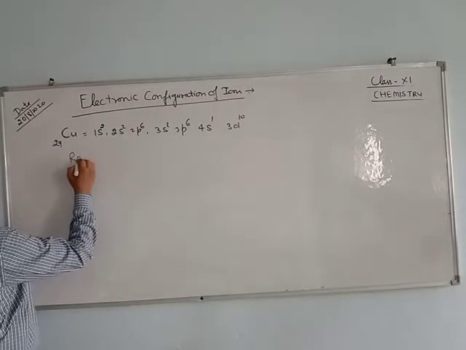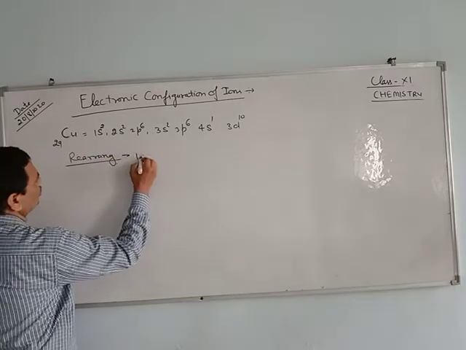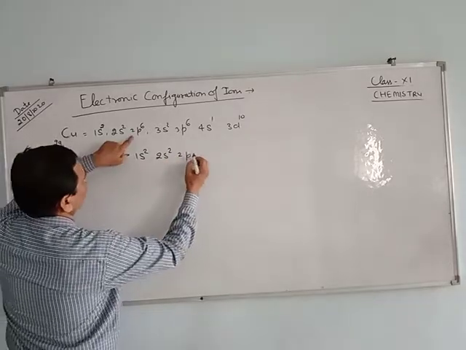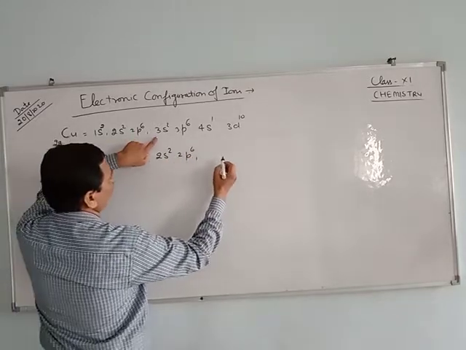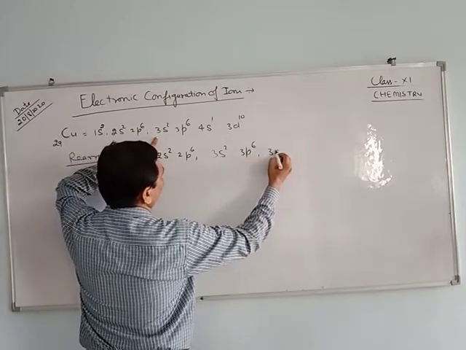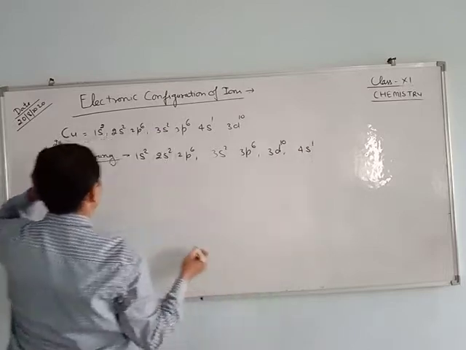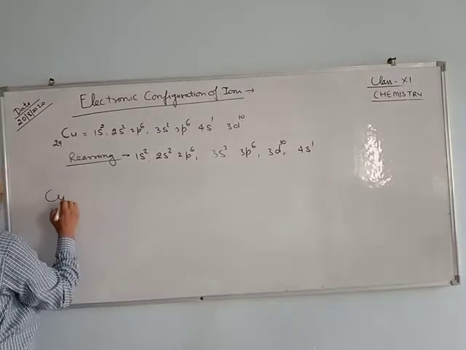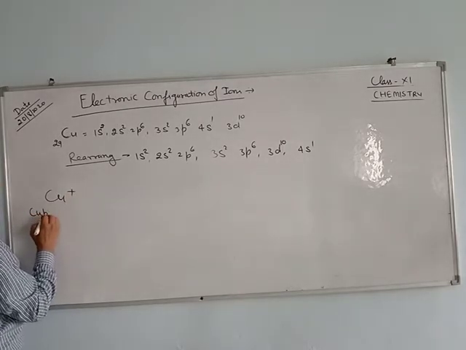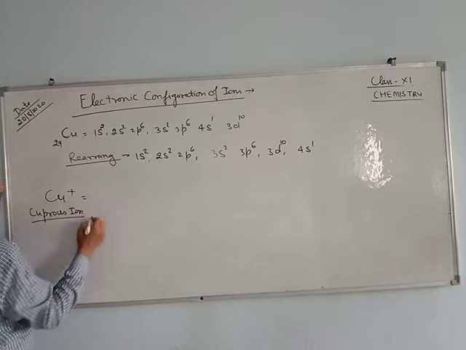You can rearrange: 1s2, 2s2, 2p6, 3s2, 3p6, 3d10, 4s1. If you have to write the electronic configuration of Cu plus 1, it is called the cuprous ion.